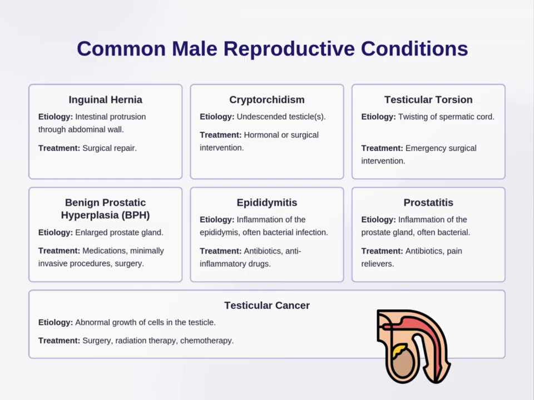Some common male reproductive conditions: inguinal hernia, cryptorchidism, which is undescended testes. Typically, they don't worry about that in babies until about, I don't want to say the wrong thing, but I think it's 18 months. If it's a baby whose testicle is not descended, I think surgical intervention after 18 months.